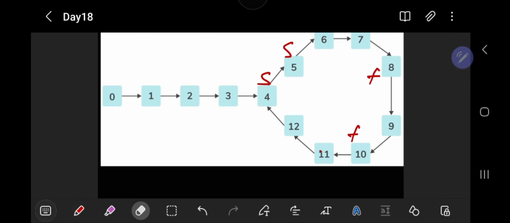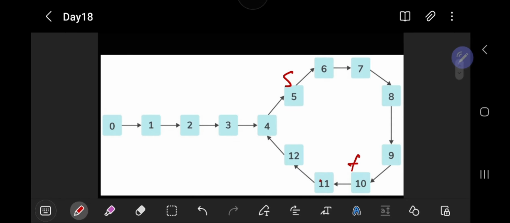Slow will come to 6, fast will come to 12. Slow will come to 7, fast will come to 5. So we are over here right now. Slow will be coming to 8 and fast will be coming to 7.